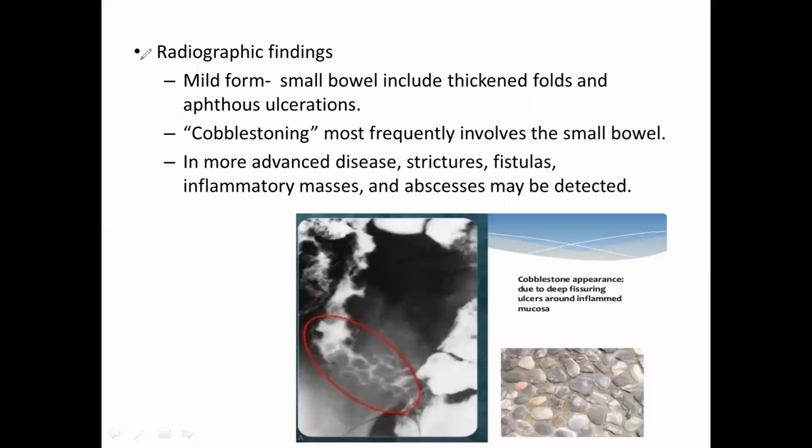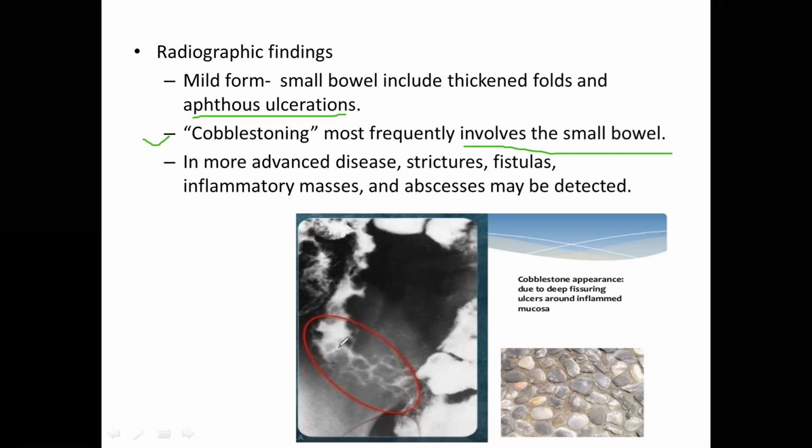Radiographical findings of Crohn's disease. In milder forms, you will get aphthous ulceration, which we have already seen. Then cobblestoning, which most frequently involves the small bowel. We already know what is meant by cobblestone appearance of the intestine.